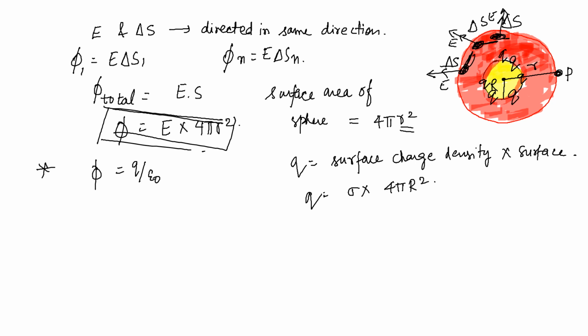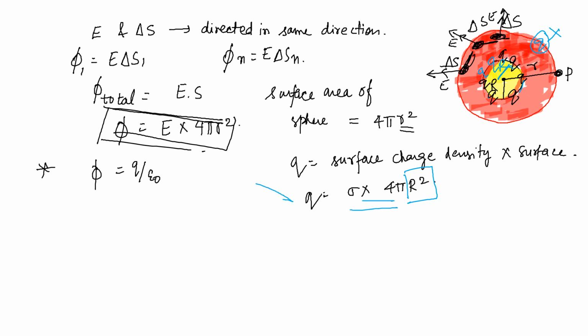Why capital R? See here, I am taking capital R. Because charge is present on this surface, so this distance should be calculated. The capital R distance should be calculated. Charge is not present over here. That's why it is capital R. So we have got the value of charge.